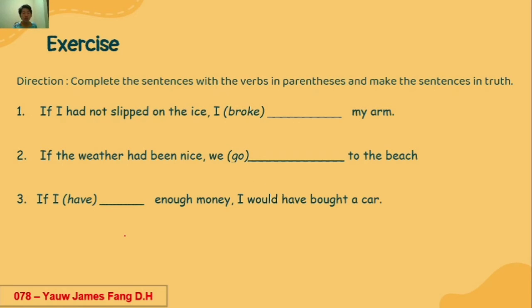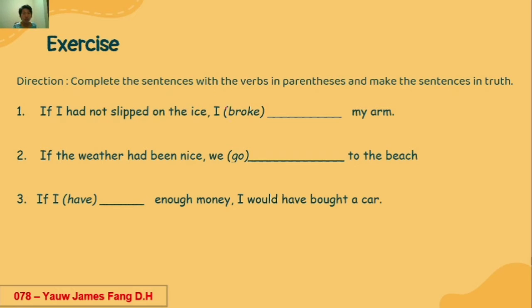Direction: complete the sentence with the verbs in parentheses and make the sentence in truth. Okay, number 1. If I had not slipped on the ice, I blank my arm. So we look, on the left side is the if clause and the right side is the main clause. Because the verb is break, therefore the possible answer in the main clause is a negative sentence.